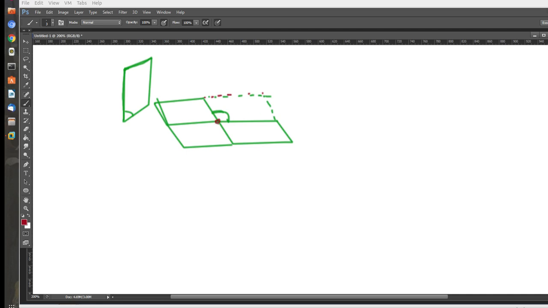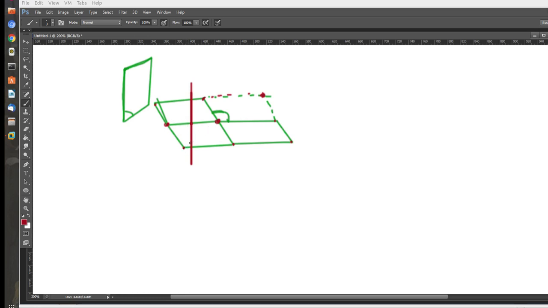So let's have a look at that node, and let's connect that node to the closest neighboring nodes by lines, and insert a perpendicular plane in the middle of the line that connects two nodes.